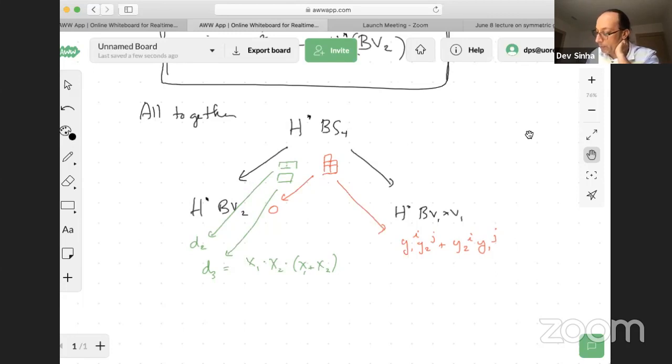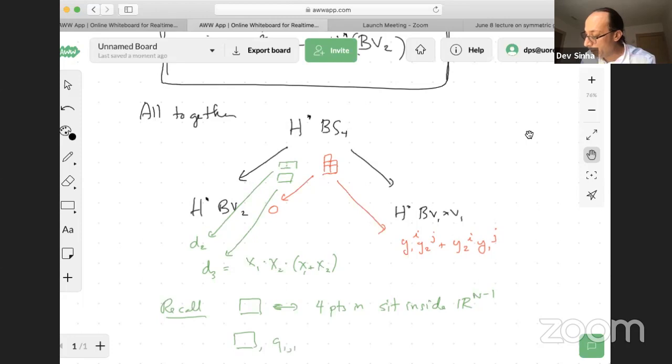Let's recall that this is represented by 4 points in our configuration, which sit inside Rn-1. So the little calculation you must make, and I've made this once already, is that this evaluates to Q11 non-zero, because Q11 is this kind of picture, similar to what we were just drawing for the wreath products.